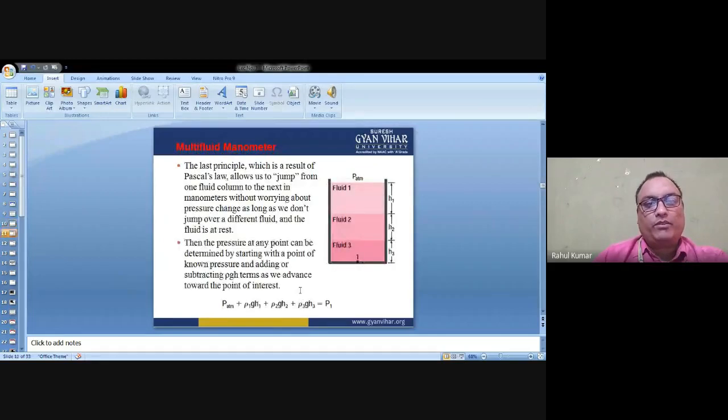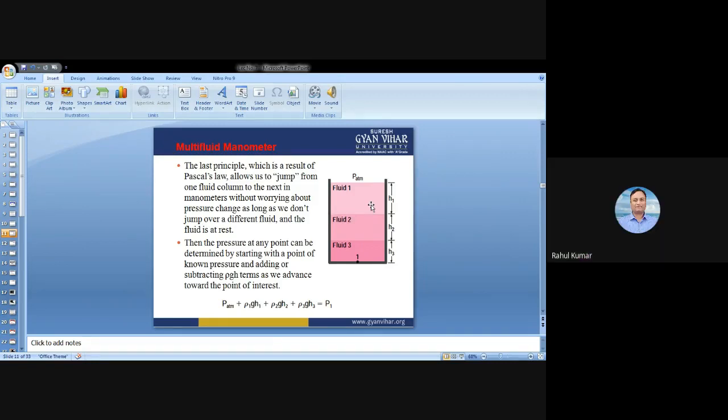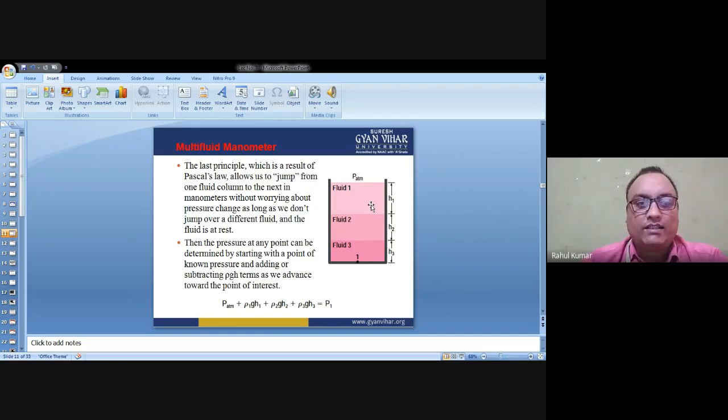Suppose for the multi-fluid manometers, this is fluid 1, this is fluid 2, and this is fluid 3, where the fluid 1 height is h1, the fluid 2 height is h2, and the fluid 3 height is h3. By the principles of Pascal's law, we can jump from one fluid column to the next in a manometer without worrying about the pressure change, as long as we don't jump over a different fluid and the fluid is at rest, right?